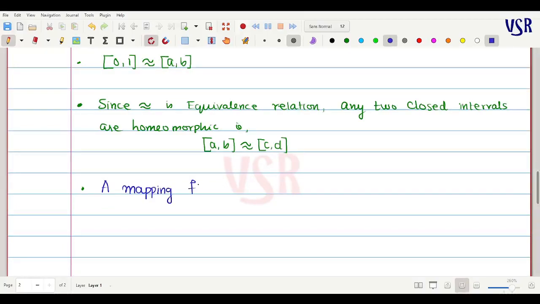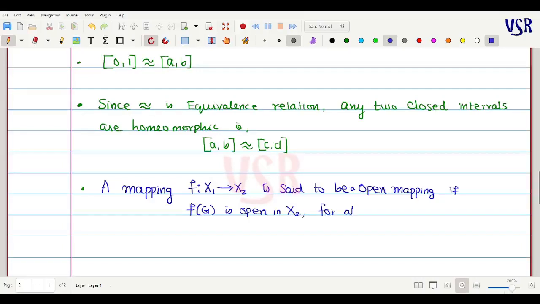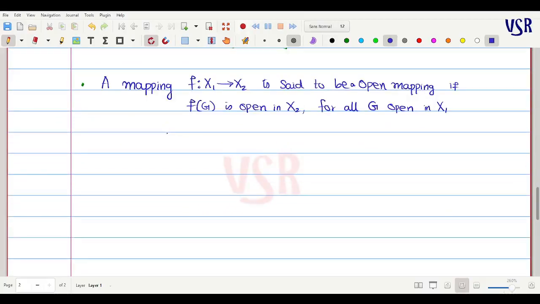A mapping f from x1 to x2 is said to be an open mapping if the condition is that f of G is open in x2 for all G open in x1. இது இங்க இந்த படம் எப்படி இருக்கு, இது x1 and this is my x2.